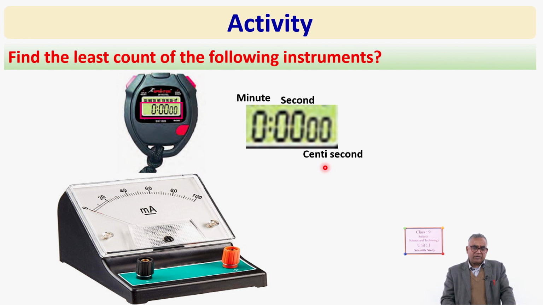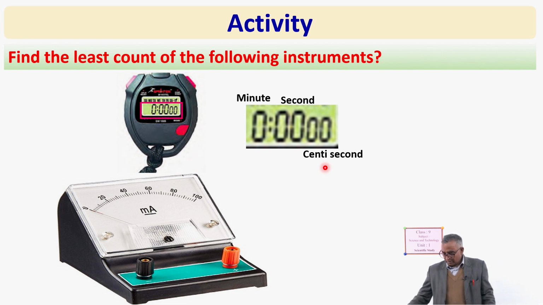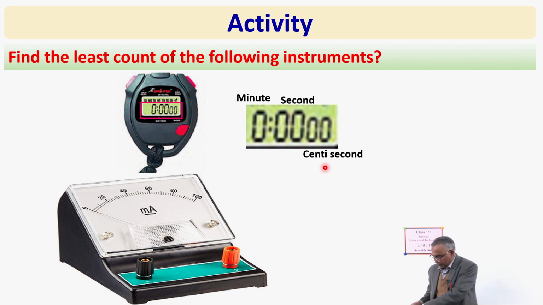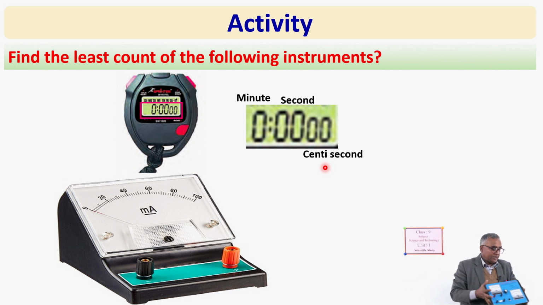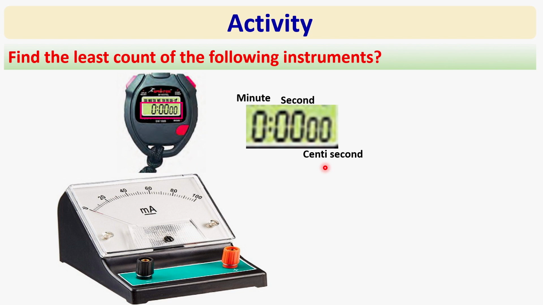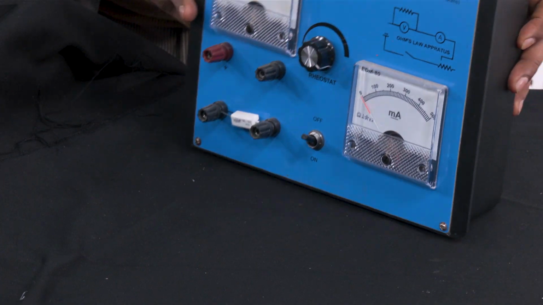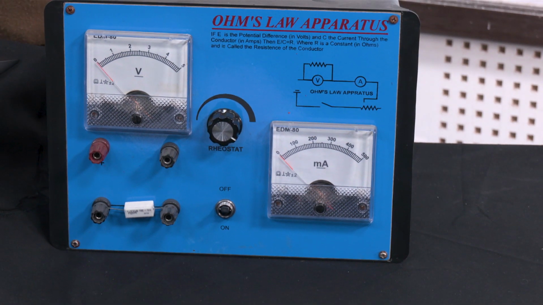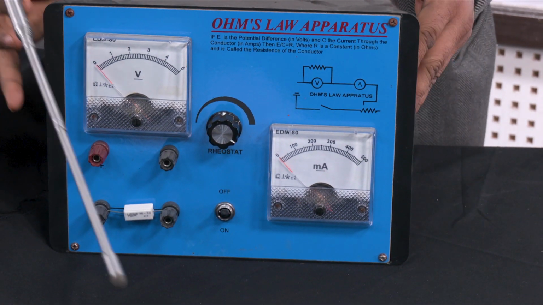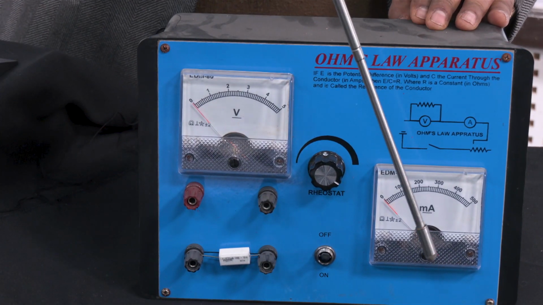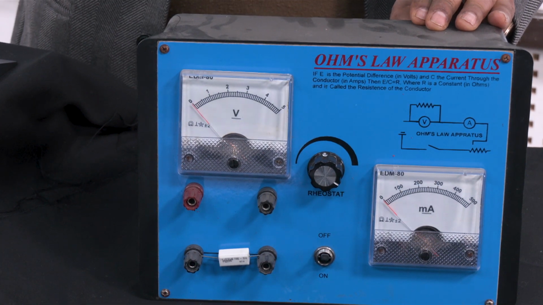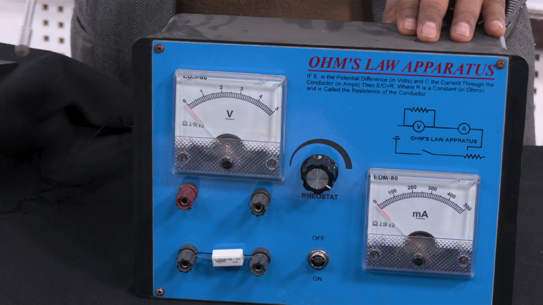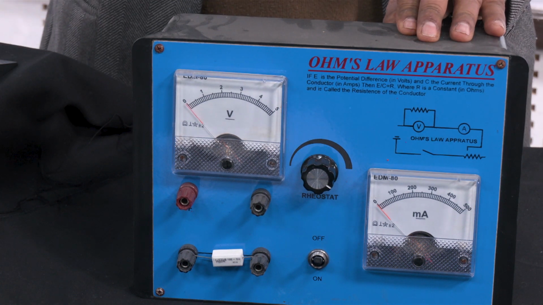Here is another instrument I will show you. You have to see two instruments here. One will be used later, but at first you have to use the ammeter. Here the values may not be the same as in the diagram.